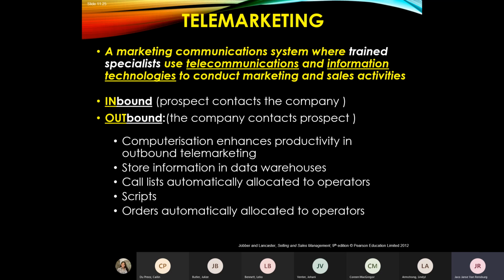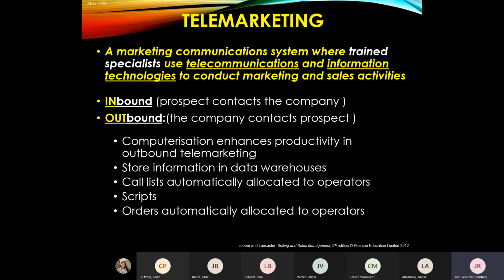Inbound telemarketing is where the prospect contacts you, usually in reply to direct mail or a catalog or an ad that they saw, where you have a contact number that they can phone for more information.